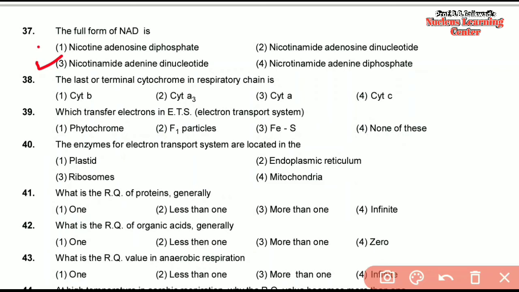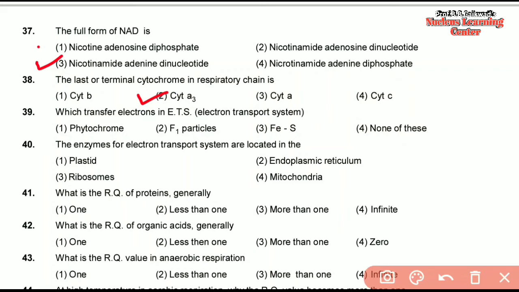Third number answer is correct. 38 number MCQ: the last or terminal cytochrome in respiratory chain is. So which is the last cytochrome in the respiratory chain? The last cytochrome in respiratory chain is cytochrome a3 and it belongs to the complex 4.